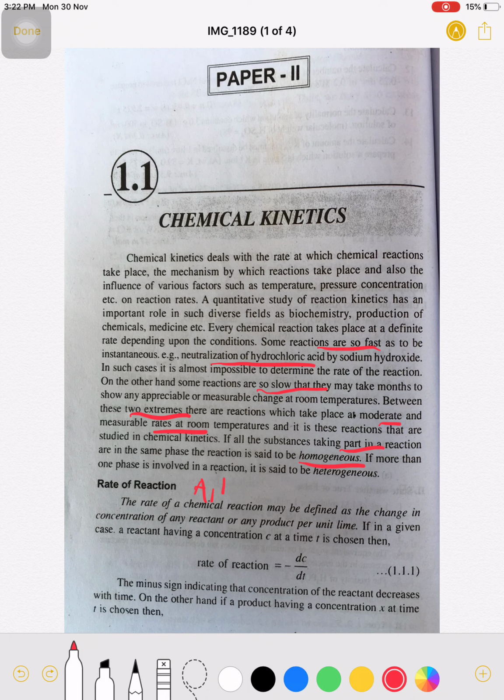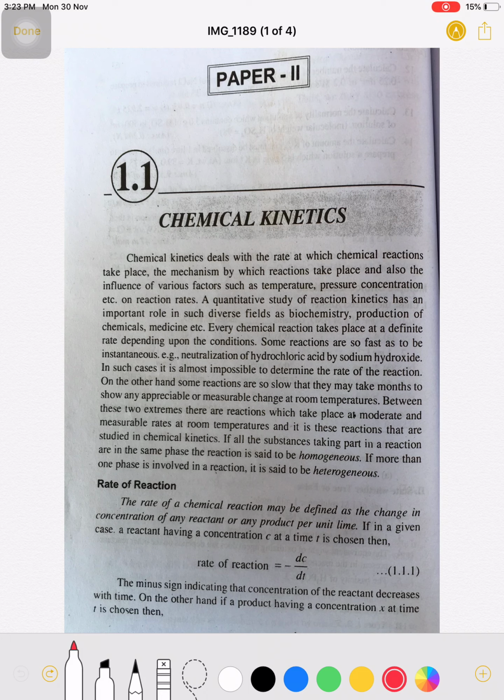If more than one phase is involved in a reaction, then it is known as a heterogeneous reaction. So if the phases of the reactants are different, it is heterogeneous. If the phases of the reactants are the same, then the reaction is homogeneous.